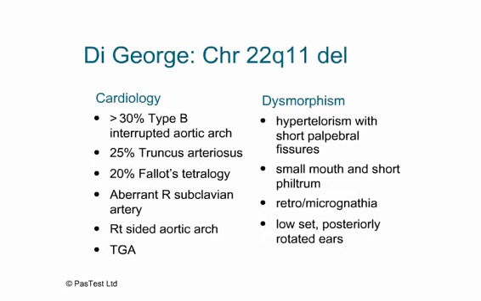They also have marked facial dysmorphism with hypertelorism and short palpebral fissures. They generally have quite a distinctive small mouth with a short philtrum, and often a small, posteriorly placed jaw. The ears are always described as being posteriorly rotated and low set.